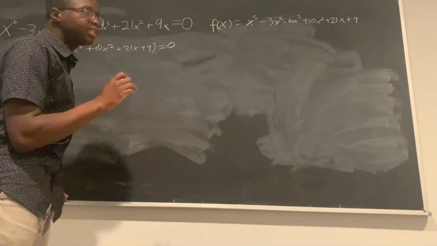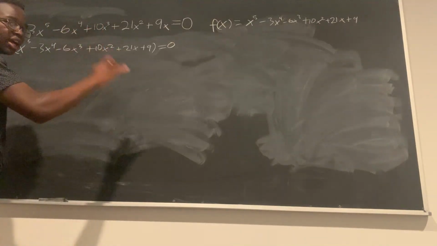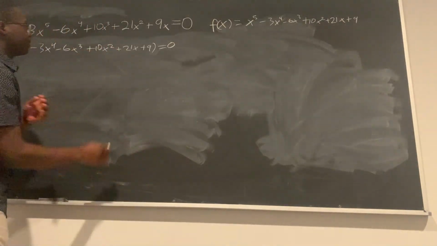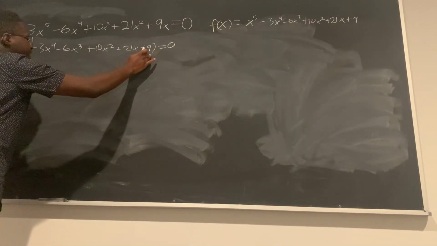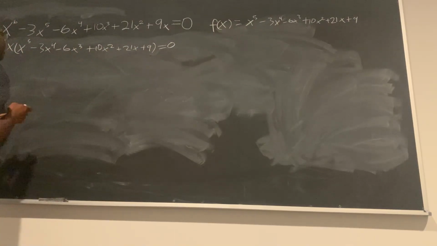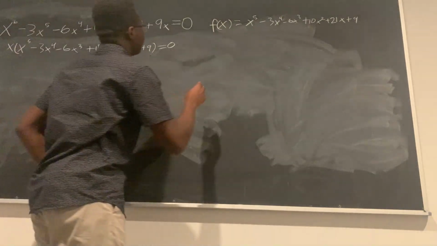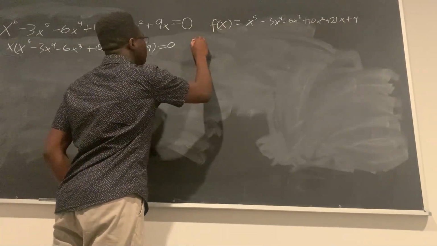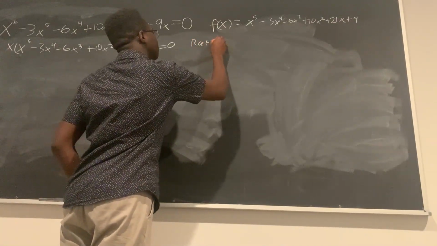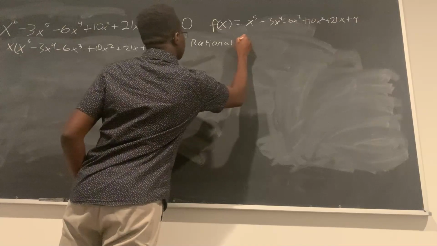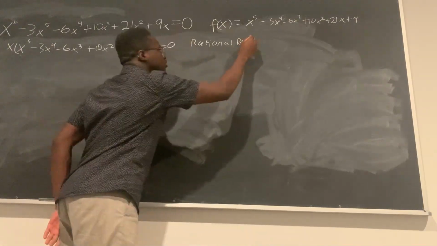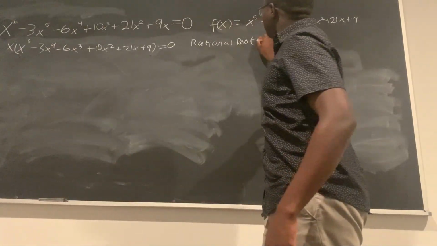The rational root theorem states that the possible rational zeros of a function are going to be all the possible factors of this divided by all the possible factors of that, positive or negative. Allow me to make a section, rational roots here.